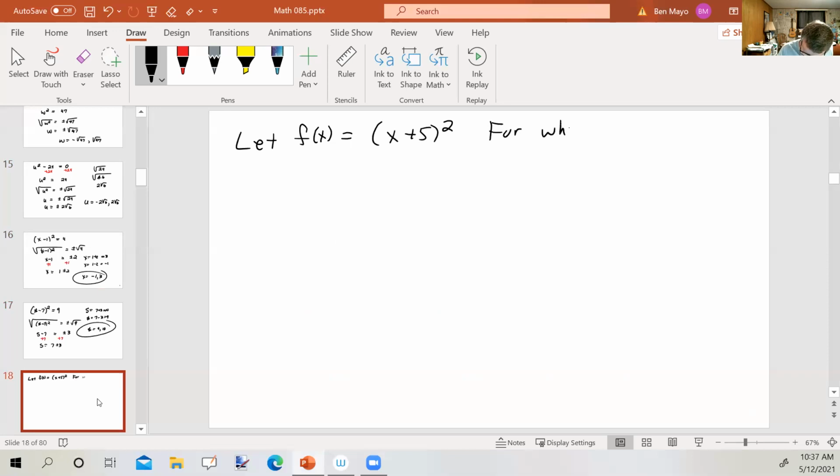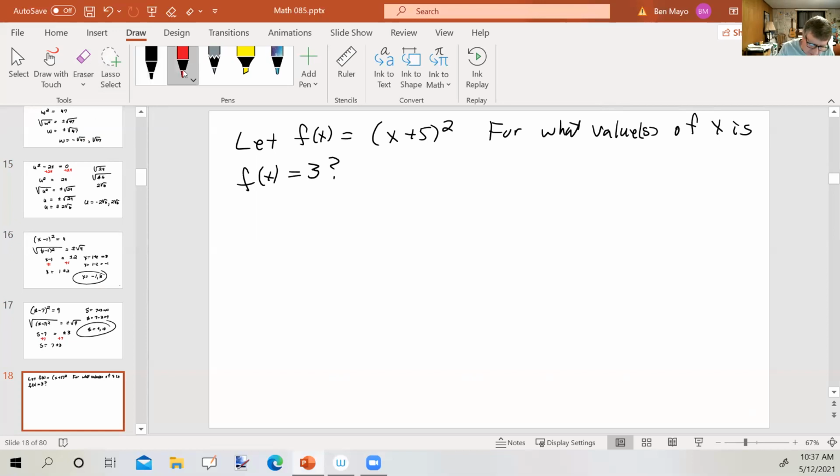For what value or values of x is f of x equal to 3? So what we're going to do is put 3 in the place of f of x. So we get 3 equals x plus 5 squared.